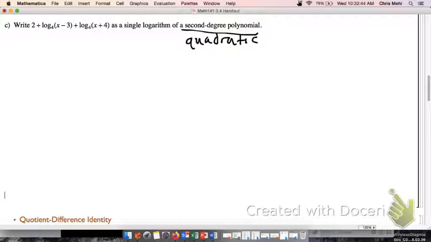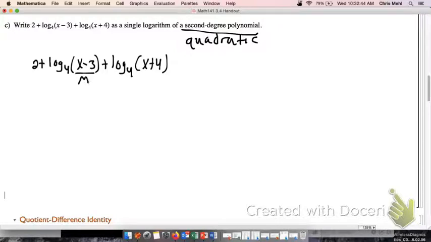Okay, so I'll start with my expression 2 plus log base 4 of x minus 3 plus log base 4 of x plus 4. Ultimately I want to write this as a single logarithm, and I'll start by combining the second two terms first.